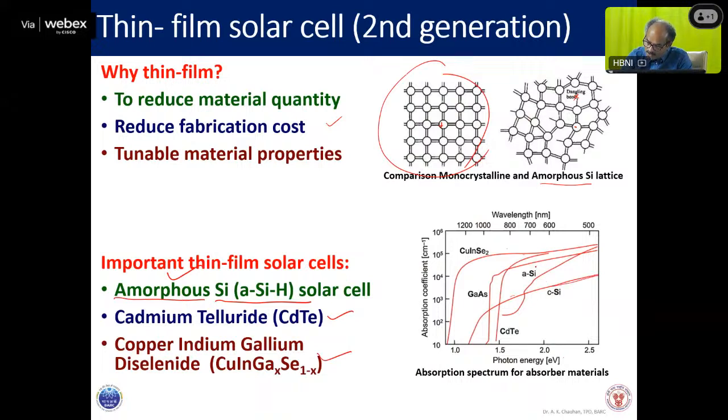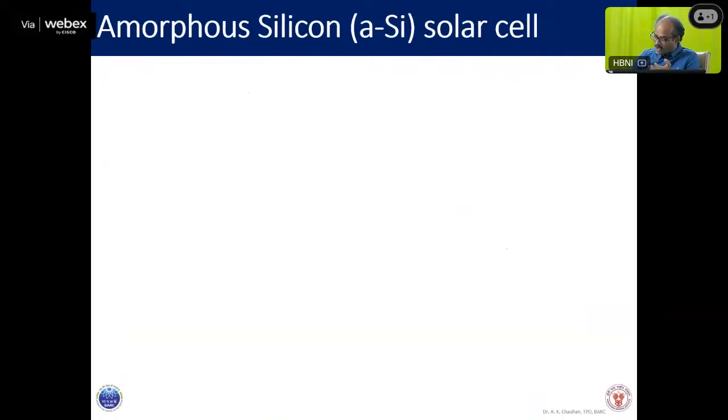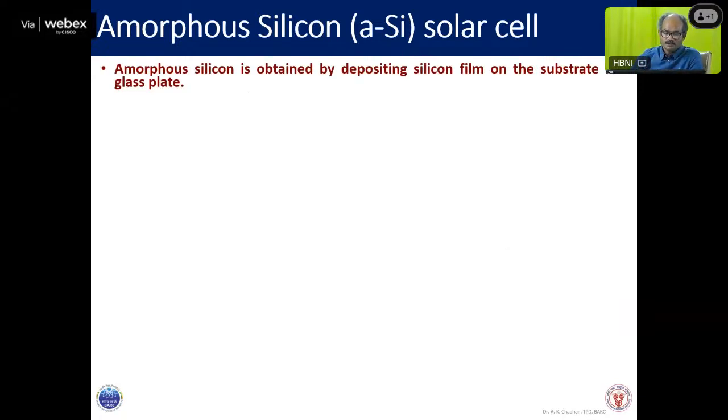I want to emphasize the importance of amorphous silicon. The absorption coefficient for amorphous silicon, starting from 1.4 eV, is very high. So that will allow a small thickness of amorphous silicon to absorb more radiation.